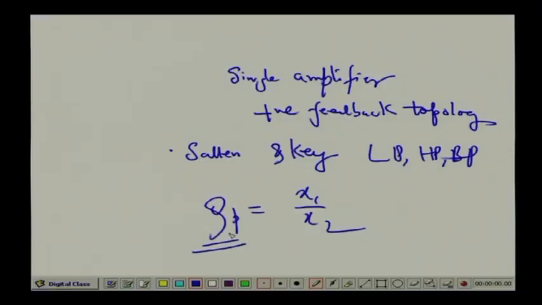So, in all the cases, if I want to make this pole selectivity high, this ratio has to be high. This ratio is high only if I use a large element spread.